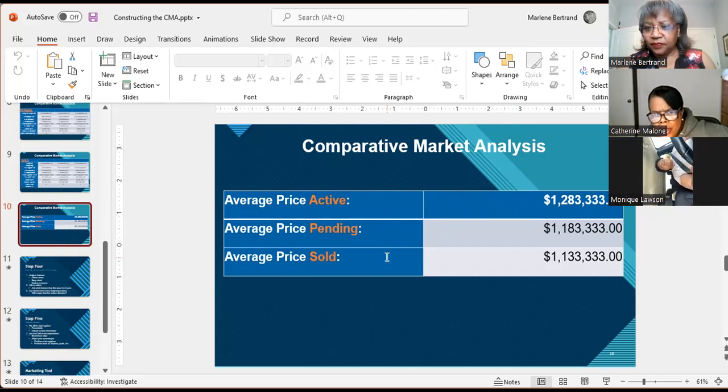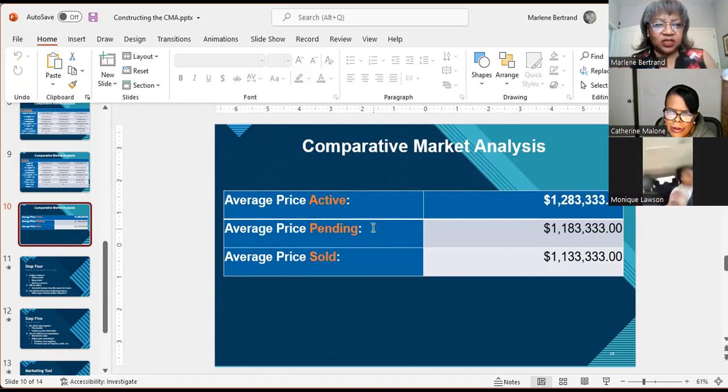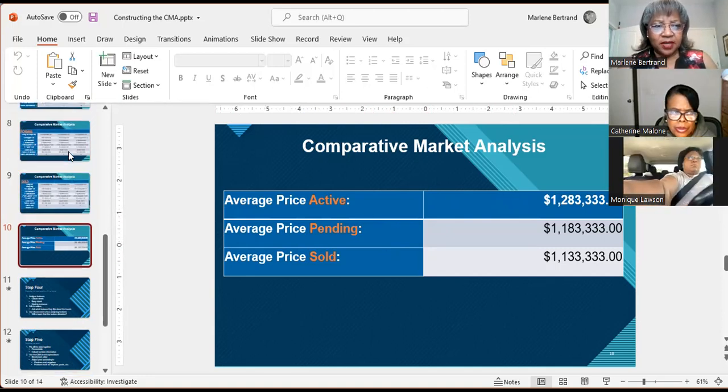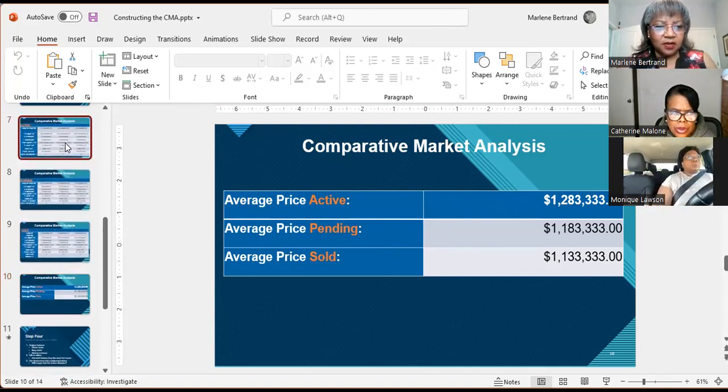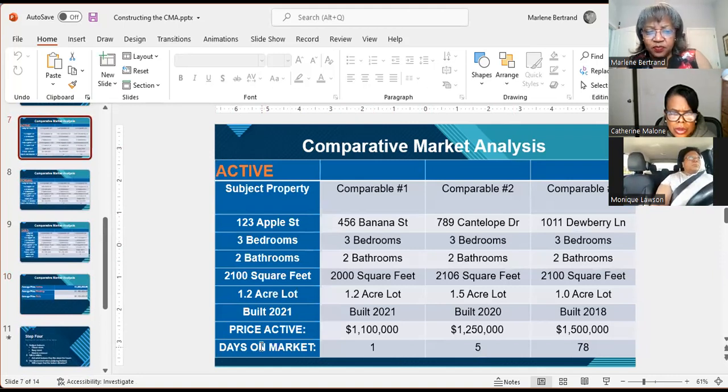When you said the average price, you said something about divided by 3. Okay, to get to that, I'll just go back to active. So you see the active price down at the bottom, 1.1. You want to add those numbers together: 1,100,000, 1,250,000, 1,000,000.